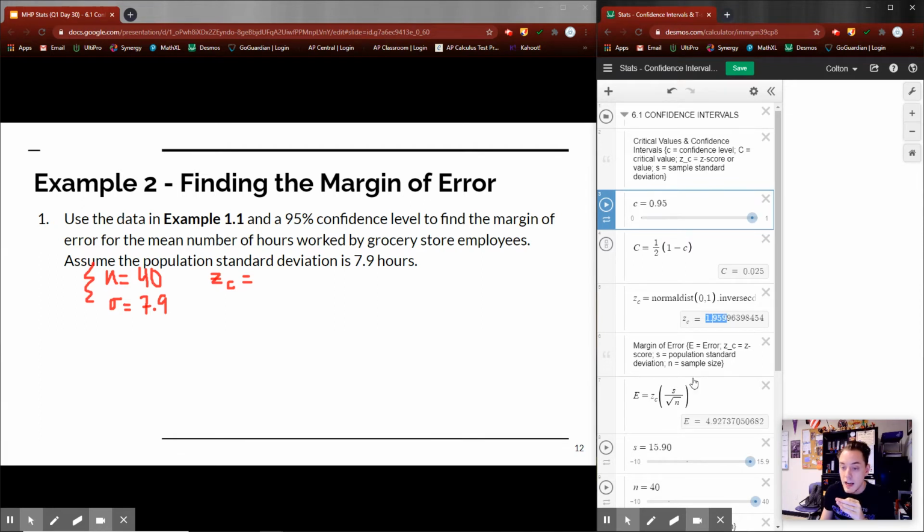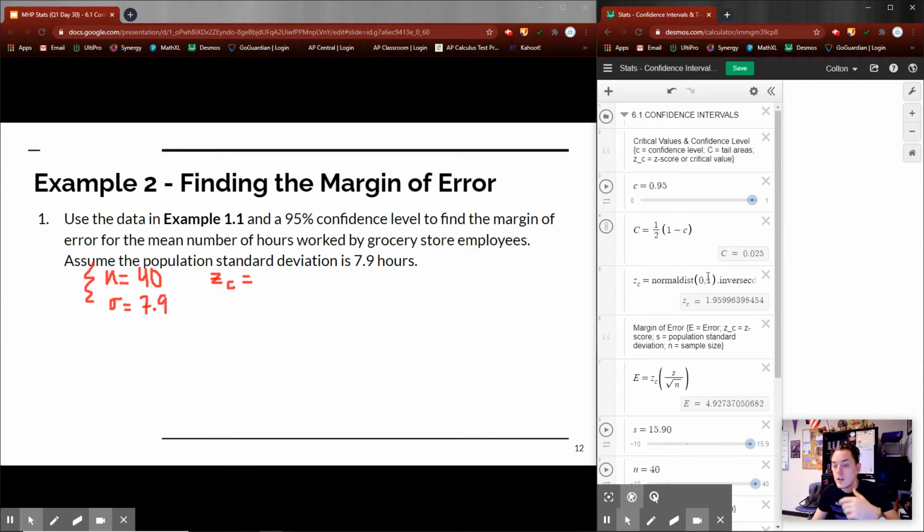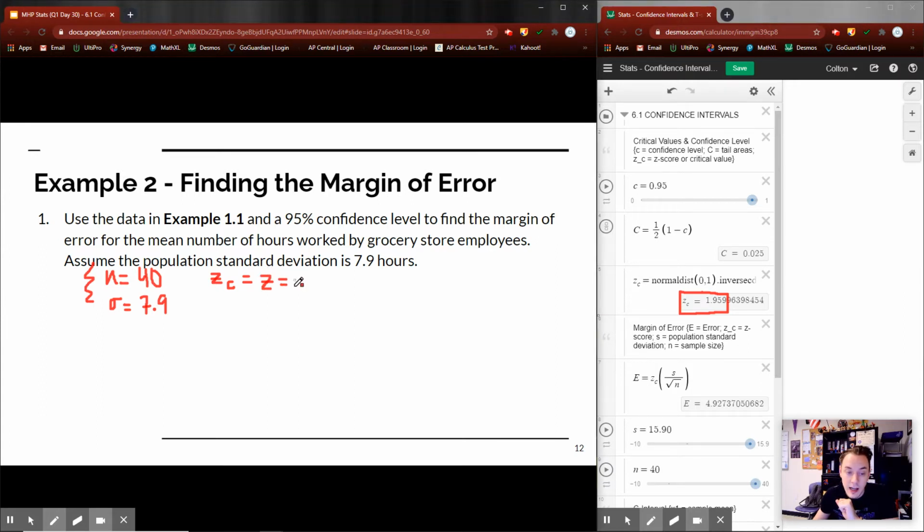So once I have that, the only number that we need is that z-score critical value number, and that is located right here. When it asks you z sub c, that's what we need. Z sub c can easily be written as z sub, what's my confidence level?